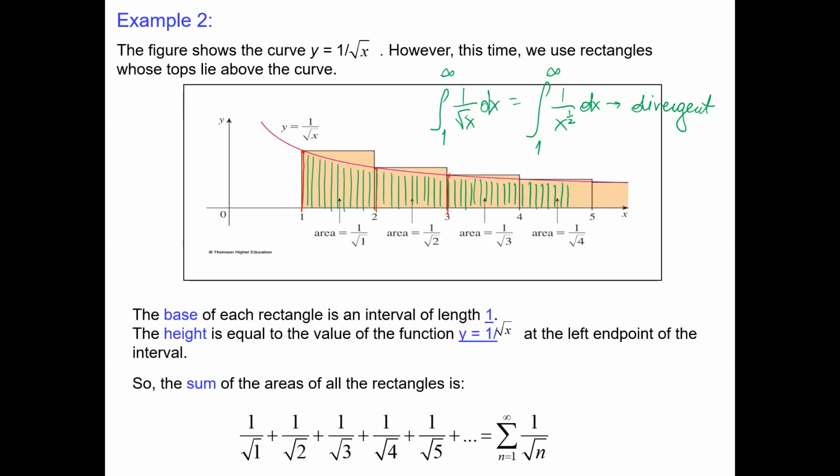Let's see. This integral from 1 to infinity of 1 over square root of x dx, this improper integral, diverges. We may think of it as infinity. And on the left-hand side, the golden rectangles are even greater.